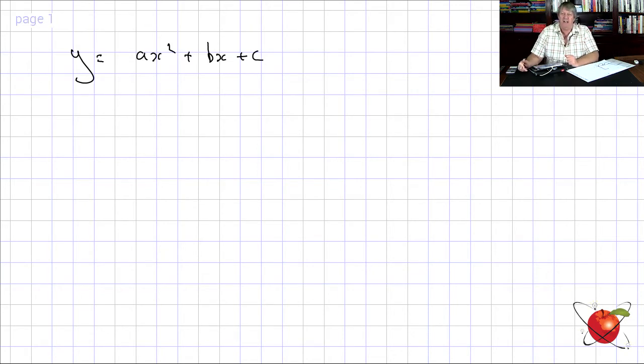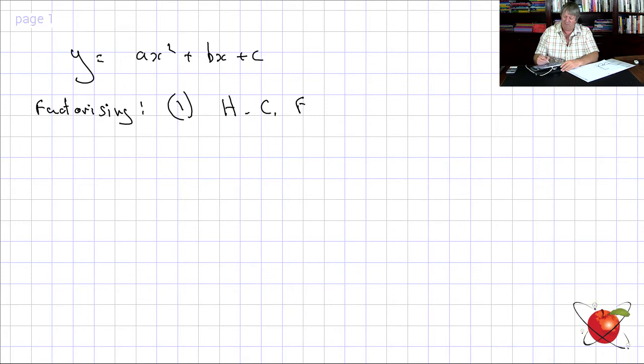And we need to factorize. Let's just recap on the factorizing. Step 1 was HCF, highest common factor. Step 2 was always, we go through this recipe, right?